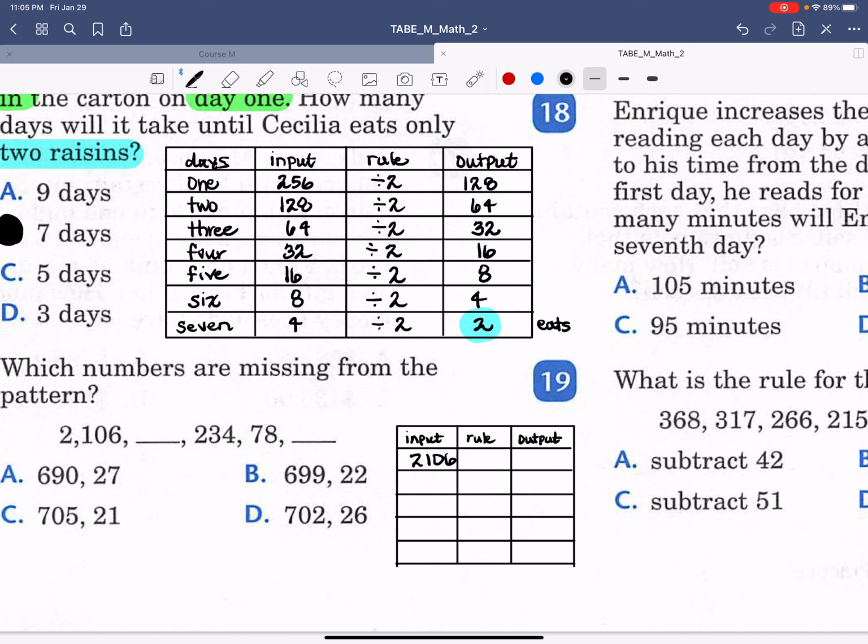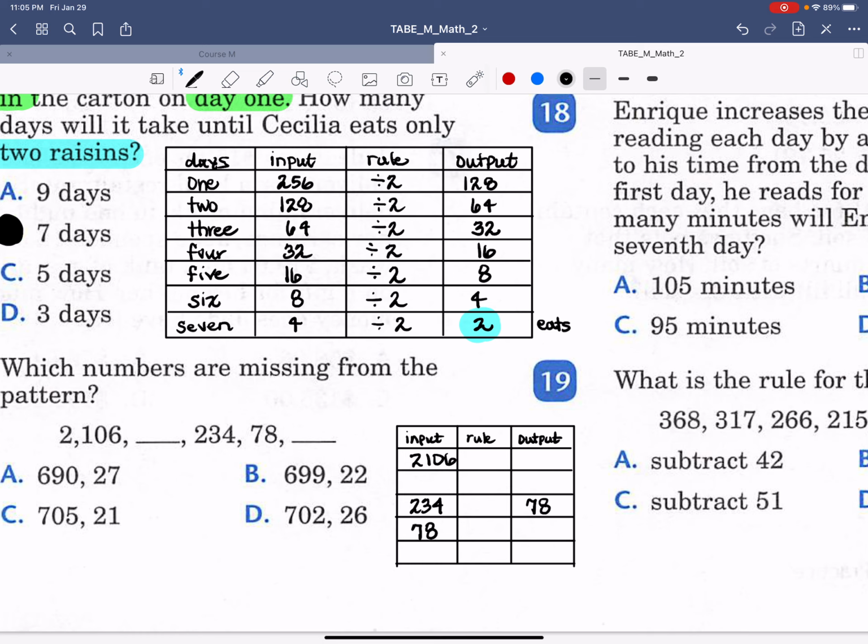I skip 1, I've got 234. I do know its output is 78. And again, let me remind you how I know that. They're side by side. So input, output. And then that 78, I don't know what it's going to be. We'll have to figure that one out.